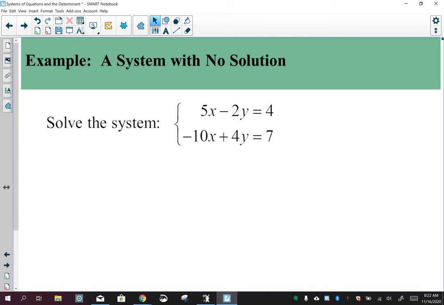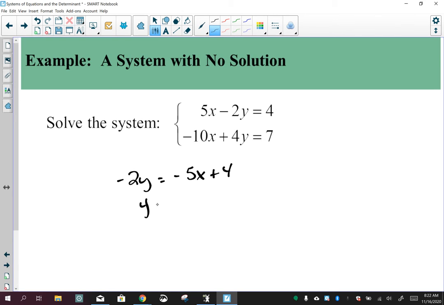And just to show you, if I go ahead and solve the top one, negative 2y is equal to negative 5x plus 4, so y is equal to 5 over 2 x minus 2.